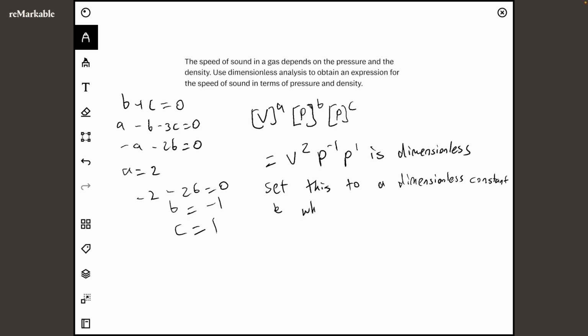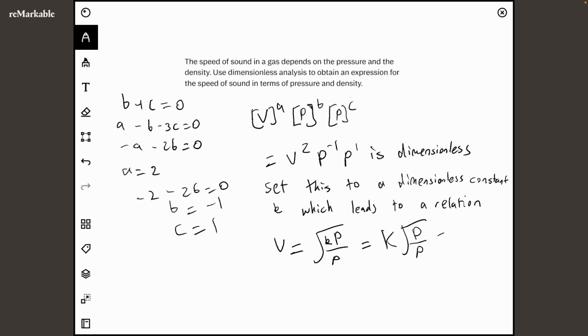Which leads to a relation v is equal to root k pressure over rho, which is equal to K root of pressure over rho, where K is equal to root k.